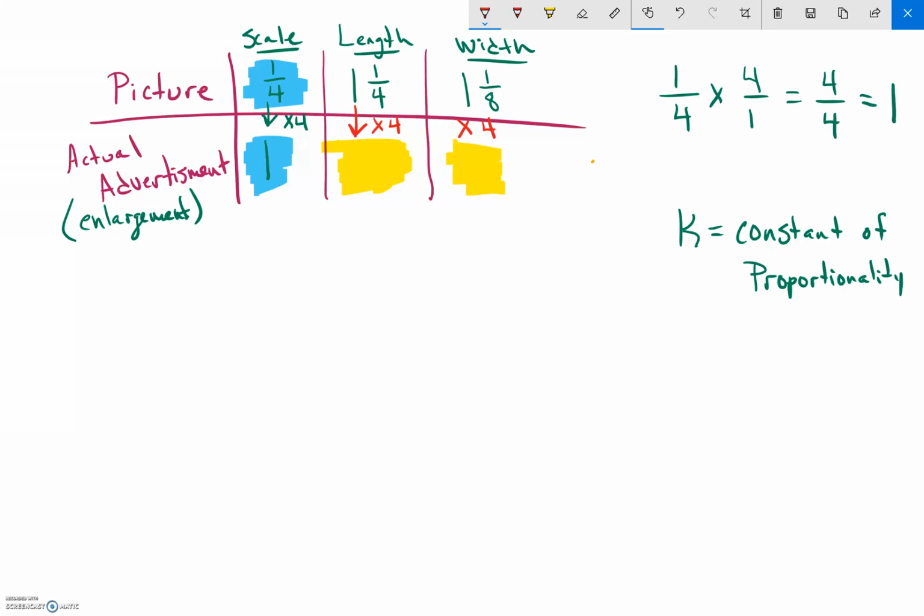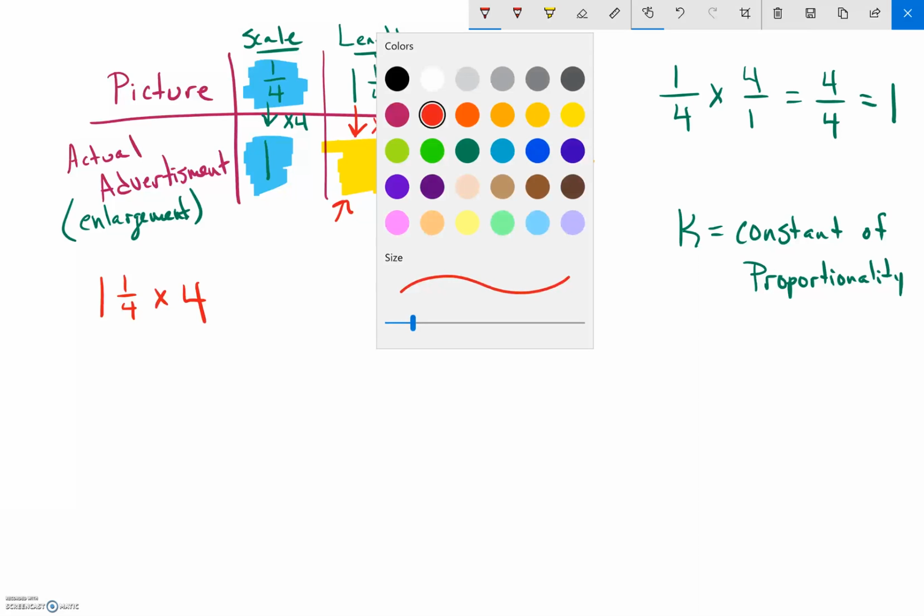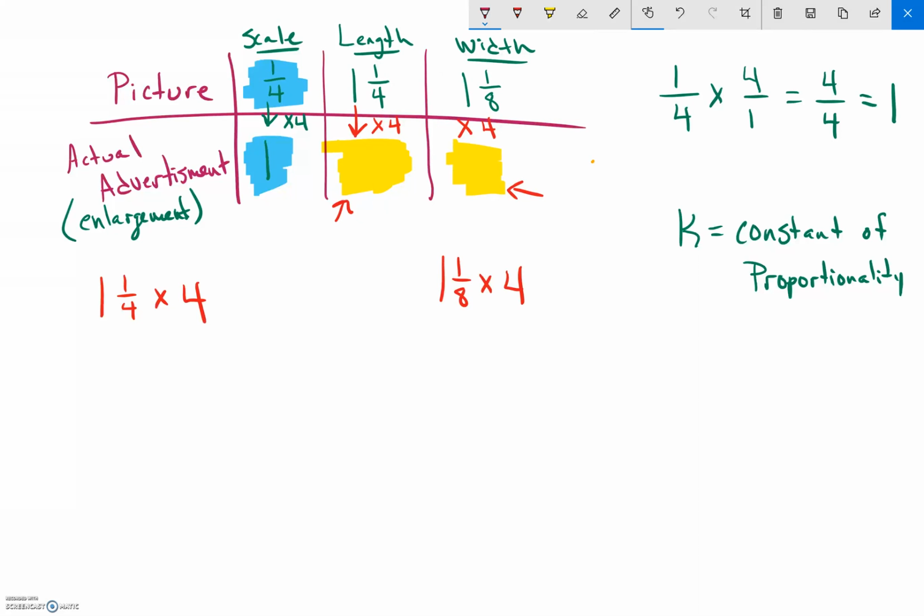So we have 2 math problems to do now. 1 1/4 times 4 will give us this. And 1 1/8 times 4 will give us this. So we're going to go through and show our steps. First thing we want to do is convert to an improper fraction. We're going to get 5/4 times 4 over 1. Remember, you can look at your cross products.